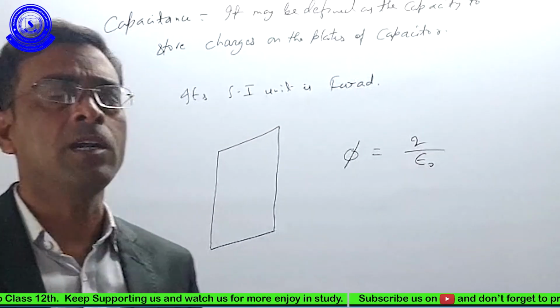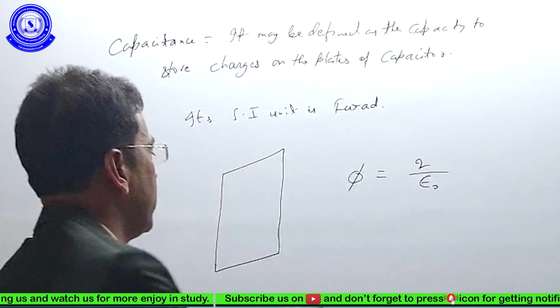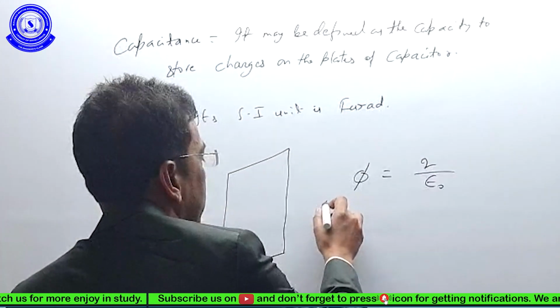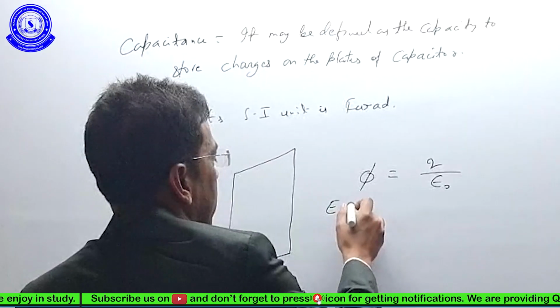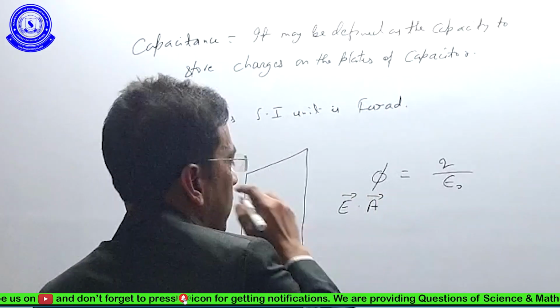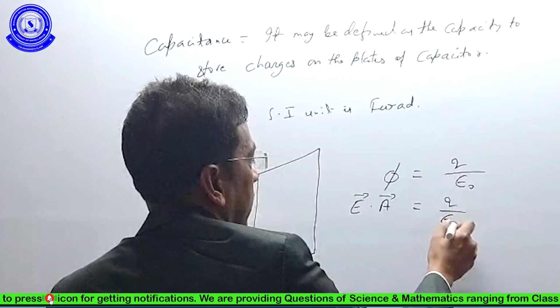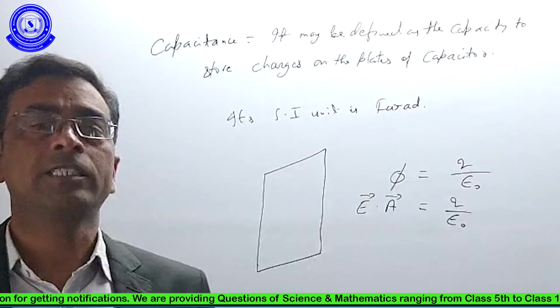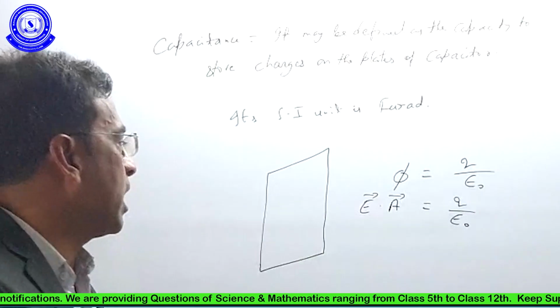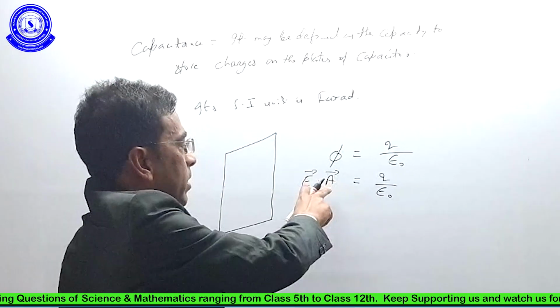Again, we also have the formula for flux in terms of E dot A. Flux is a scalar quantity, so we have a dot product of the electric field vector and the area vector.